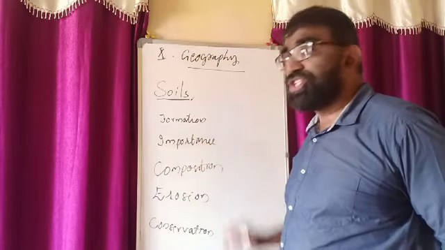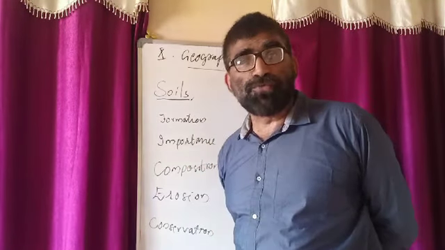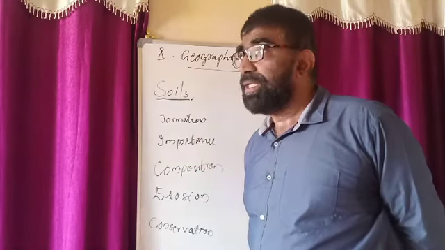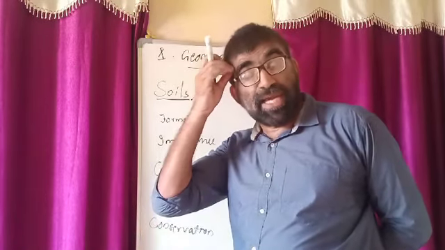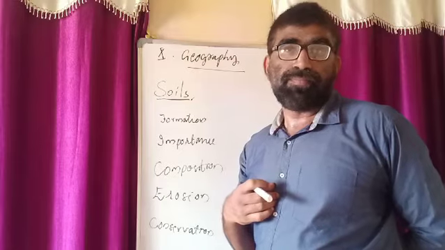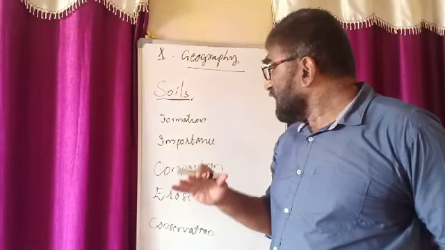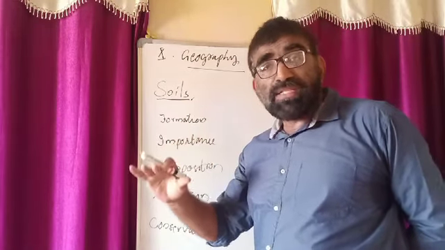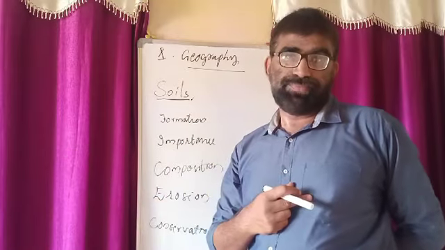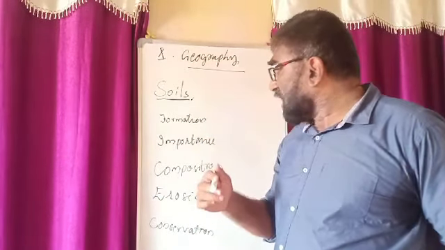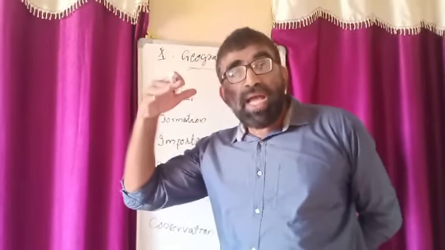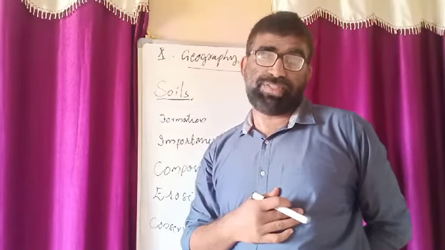Now, the importance of soil. Our food, clothing, etc. are derived from the soil, directly or indirectly. And soil supports the plant growth. And the plant cover provides a home for many animals and human beings.